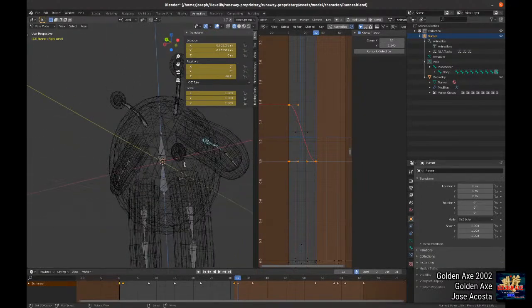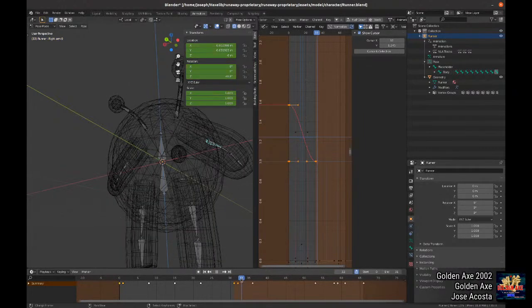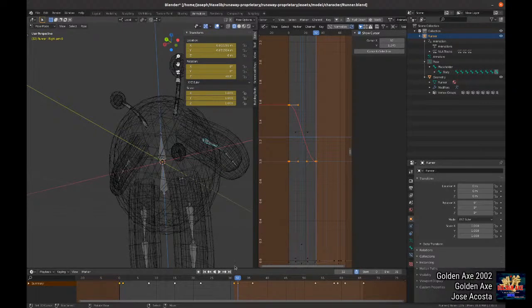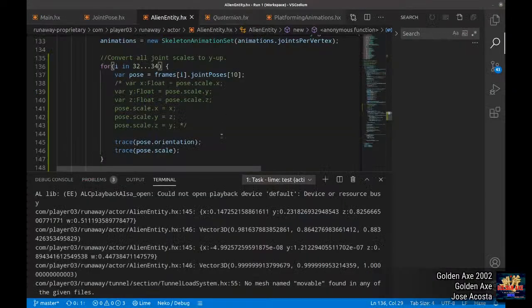Nice and simple. Man, the whole blurring thing is kind of annoying. But okay. And then we have a scale of about 1.